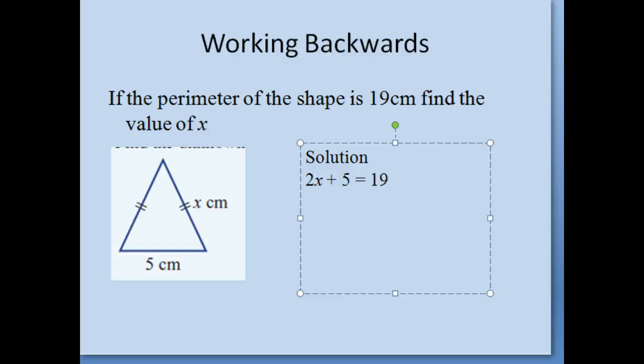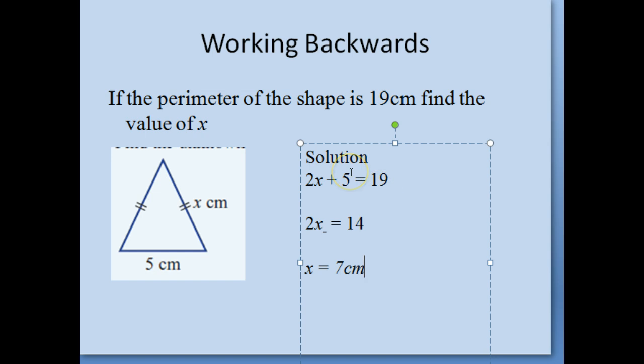Now we solve it like an equation, so we'll be left with 2x equals, now we're doing 19 minus 5, which is 14, and then we need to divide 14 by 2 to find out what x is by itself, and x is 7 centimetres.